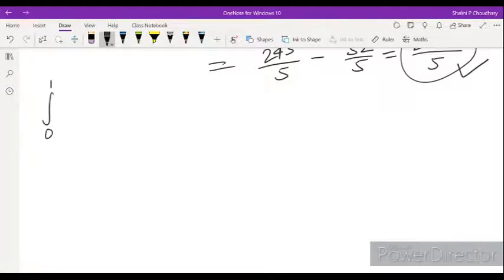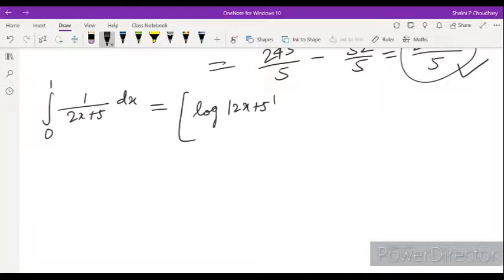Okay. Now the next question we'll do based on the same concept. Integral from 0 to 1 of 1 upon 2x plus 5 dx. So it will be log of 2x plus 5, between 0 to 1. And when we are integrating 2x plus 5, we also have to integrate this part, we'll get 2 divided by 2.